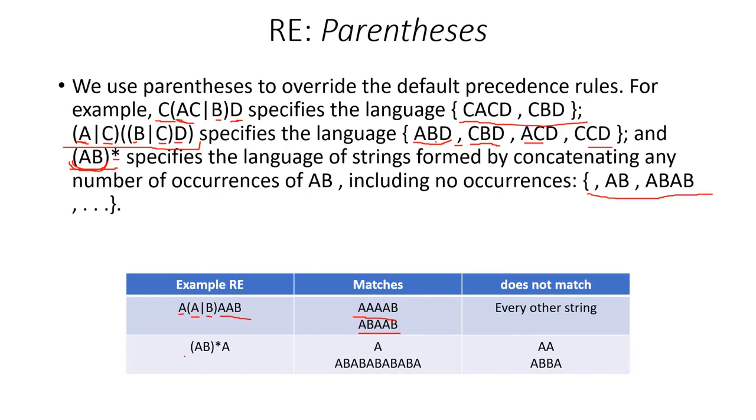Then another example, here we have AB inside of the bracket, then the closure operator, A. So it means that AB may repeat 0 or more times. That's why this one would satisfy our regular expression as well as this one, but not this one, because after the A we should have B, and here we don't have the B.